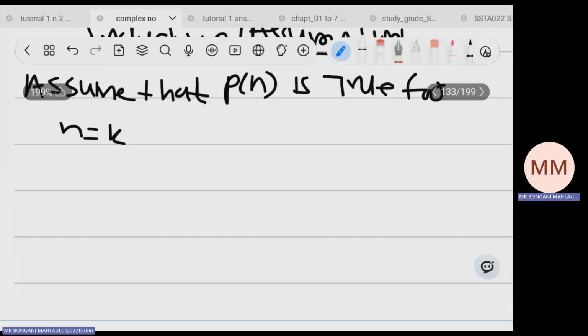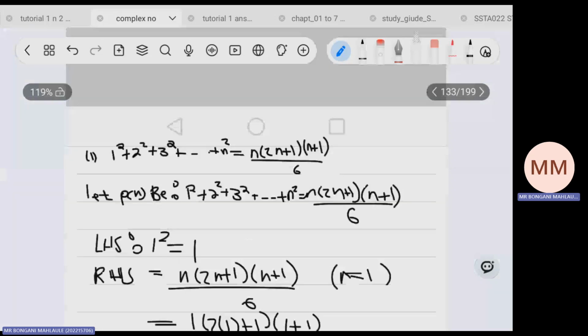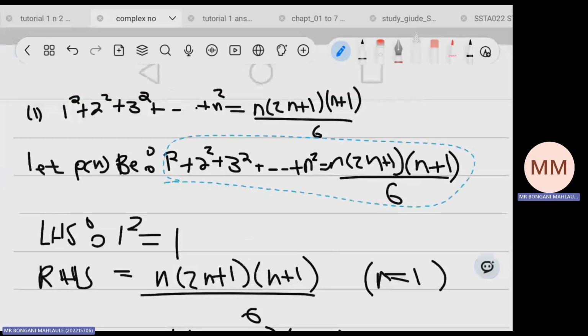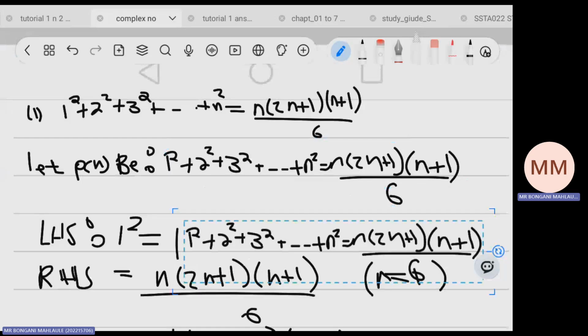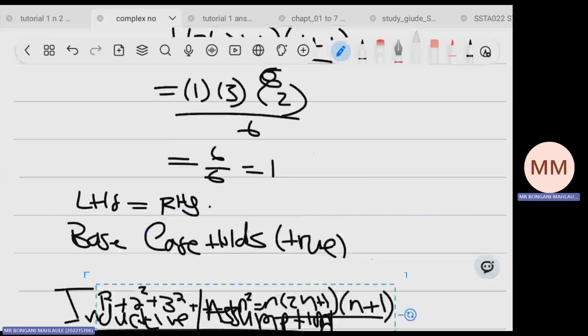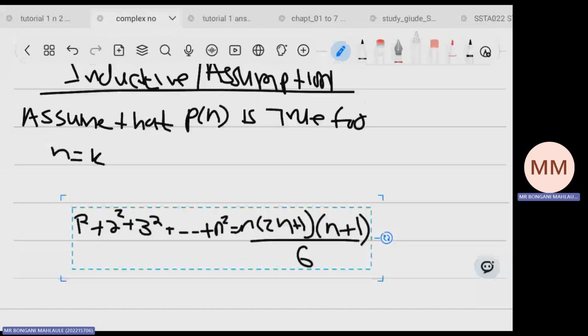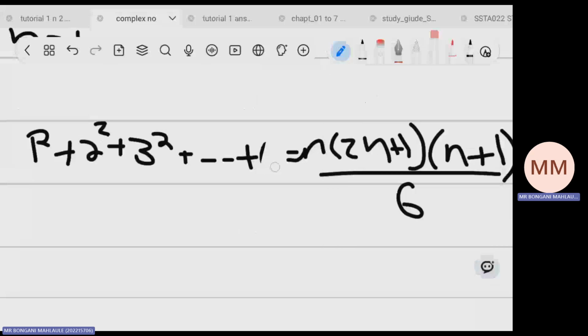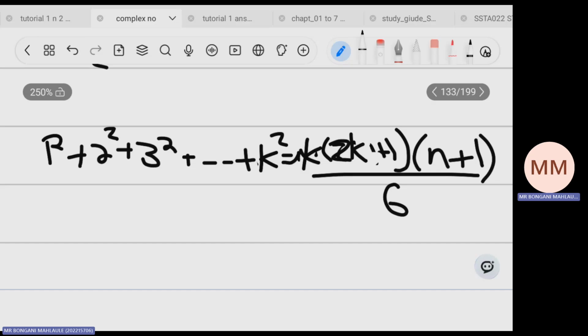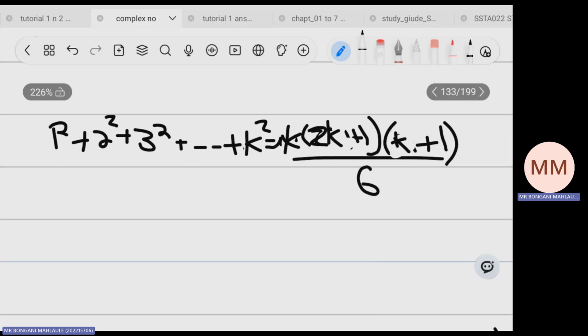Then from here, we're just going to take this, and then wherever you see n, we're going to replace with k. So meaning that this will be k squared and also there it will be having k.